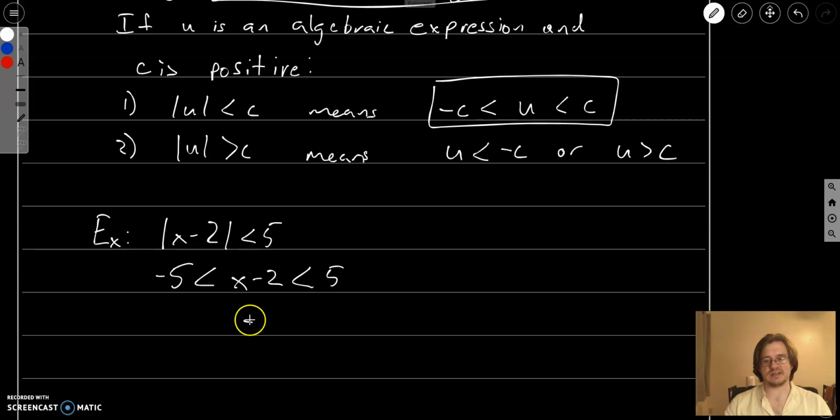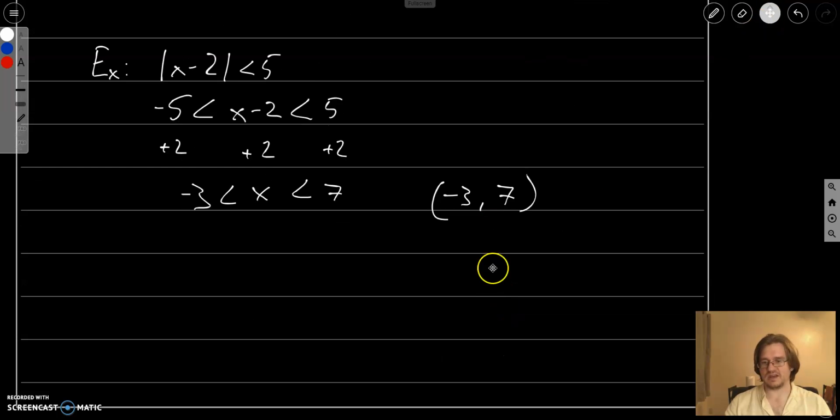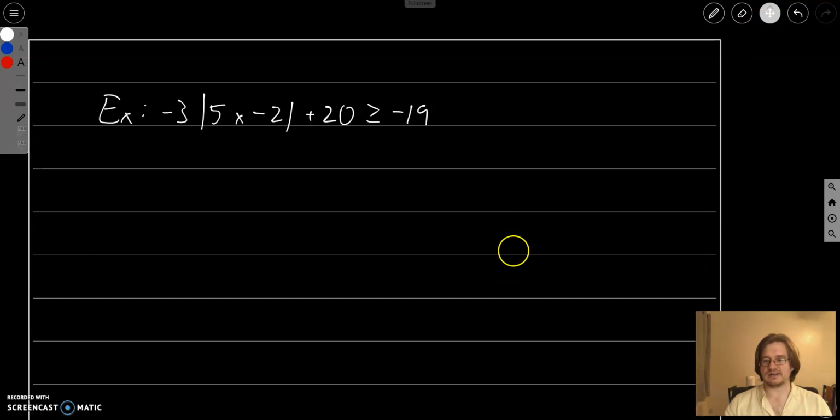And now I solve this just like I would anything else. I will add 2 to cancel out that minus 2, so I'll get x is between 7 and negative 3. So my solution is all the numbers between negative 3 and 7, not including negative 3 and not including 7. Okay, let's look at another one.